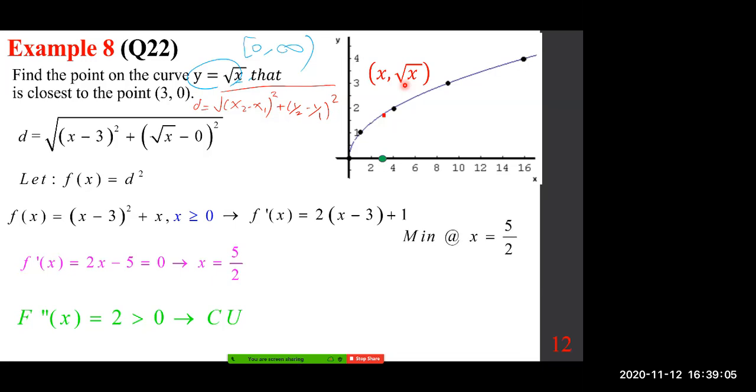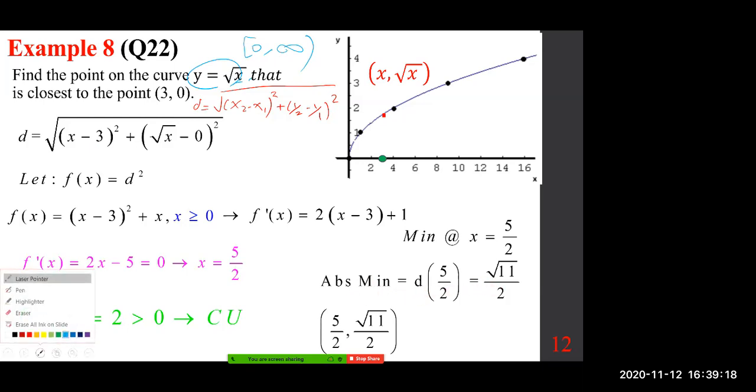The distance you can plug in, class. If you plug it into this formula, you find the distance, everybody. So the minimum d of 5 halves is square root of 11 halves. But the point has coordinates 5 halves and square root of 5 halves.